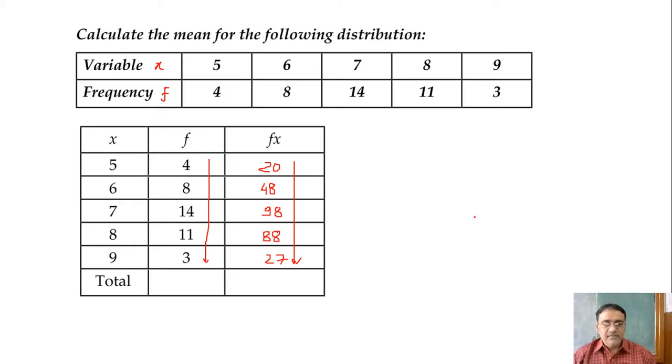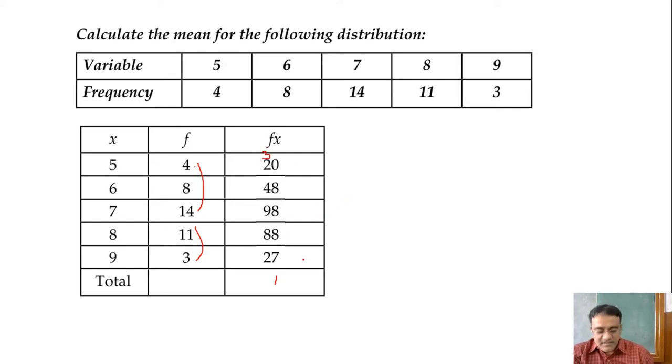Okay, right, now we'll add all the frequencies. What is the total frequency we are getting here? 40. आ रहा है ना, ये 40, and we have to add all these numbers also. 24, 1, 3, 28, 281.